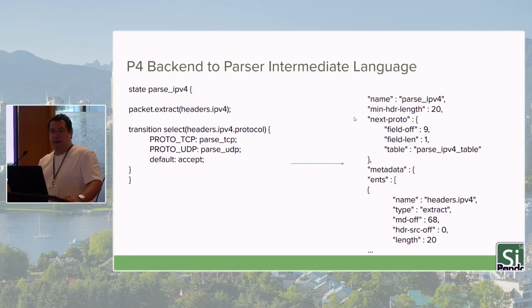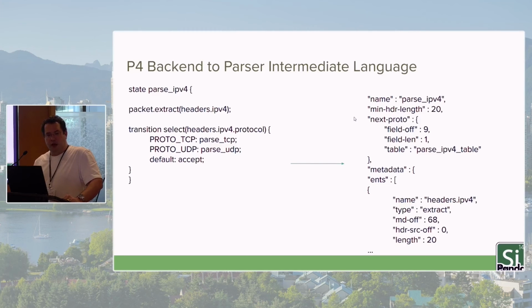So this is the backend to our P4 backend, a proof of concept, that transforms P4 to parser intermediate language. We can see a definition of a state parse_ipv4 inside the parser function. It extracts the whole data for IPv4. That's how a lot of P4 definitions work, because they reconstruct the packet.